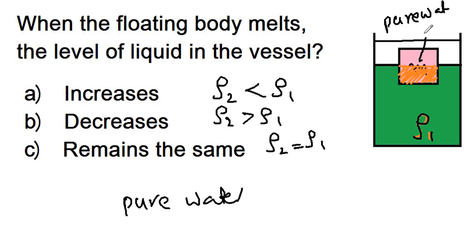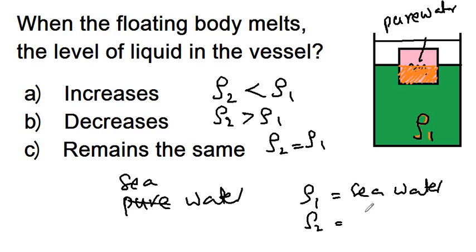And suppose you have ice of pure water floating in sea water. Now ρ1 is the density of sea water, and ρ2 is the density of water formed by melting this ice, and that is pure water.